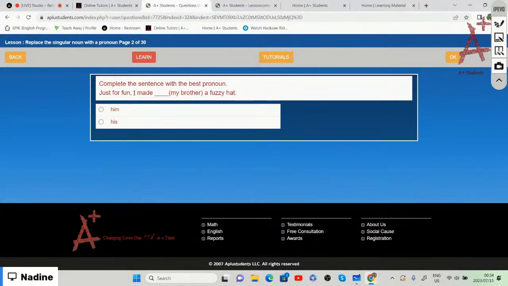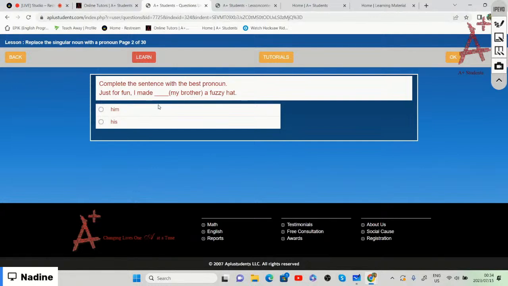Just for fun, I made my brother a fuzzy hat. We need to replace the words my brother with the base pronoun. So it's either him or his.